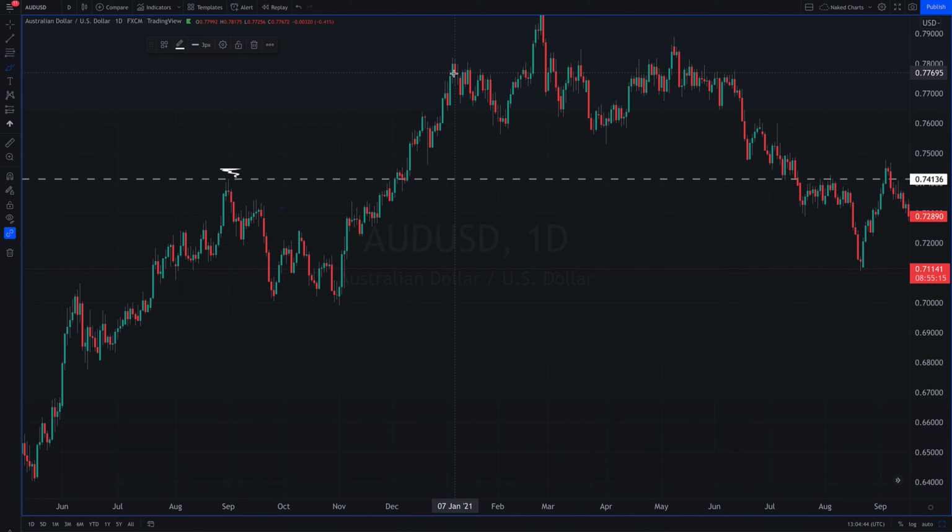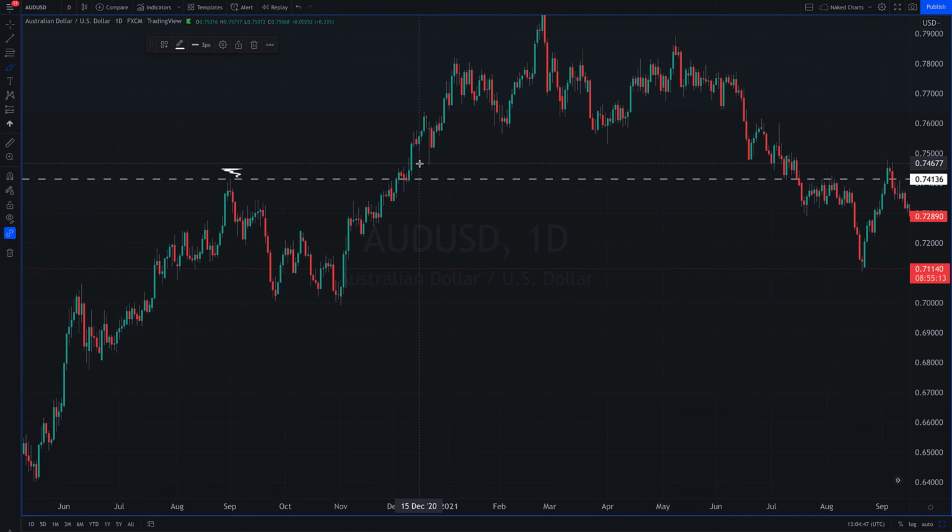Now, in addition to that, all of the bulls in the market, all of the people that believe the market is going to go higher, are going to cluster their buy orders above this level as well. So not only do you have the sell orders here, but you're also going to have a bunch of buy orders around here.